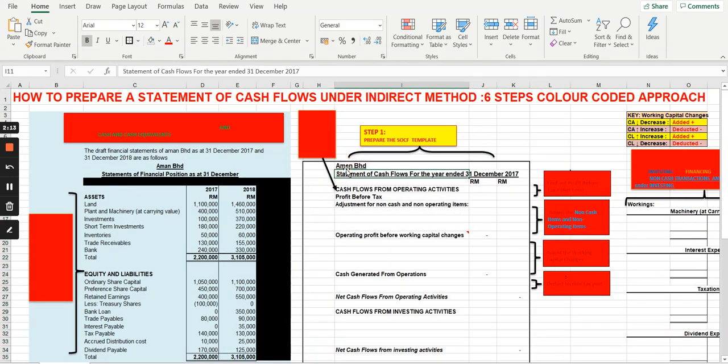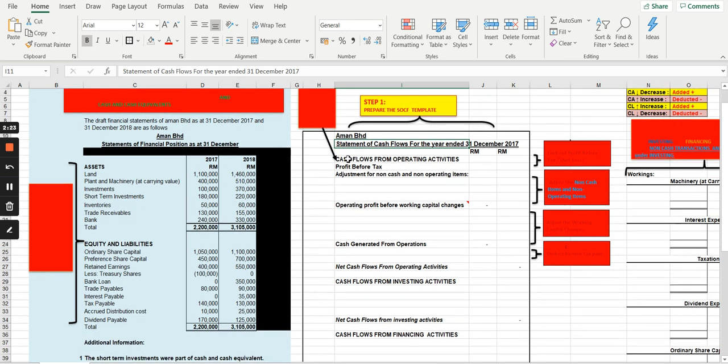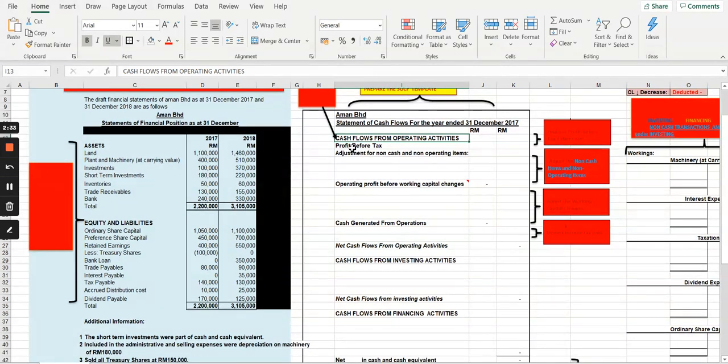First you can start by putting the name of the company, Aman, and the title of the statement of cash flow. Then you put the heading of the statement of cash flow, first the operating activities. As you know, the starting point is profit before tax.